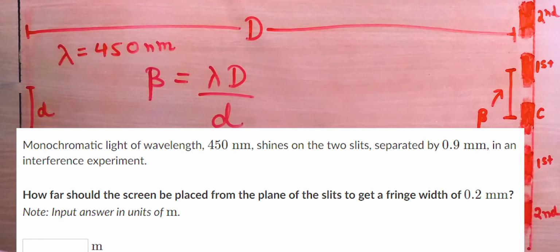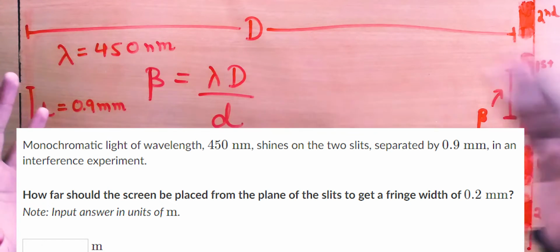Shines onto two slits separated by 0.9 millimeter, which means the distance between the two slits is 0.9 millimeters, in an interference experiment. How far should the screen be placed, which means this distance. So I have to find this.